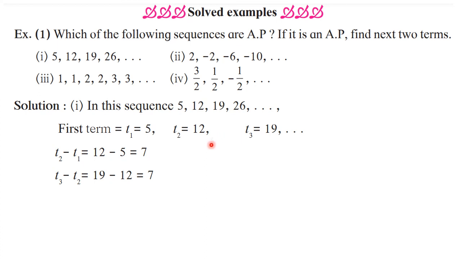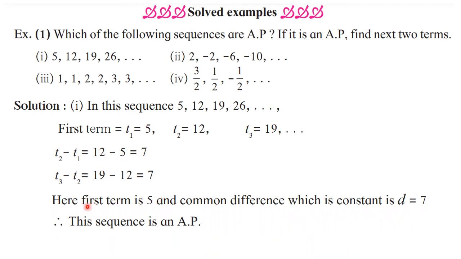T3 minus T2, 19 minus 12, that is 7 again. Next also, 26 minus 19 is also 7. So the first term is 5 and the common difference is constant, that is d equal to 7, and therefore this sequence is an AP.